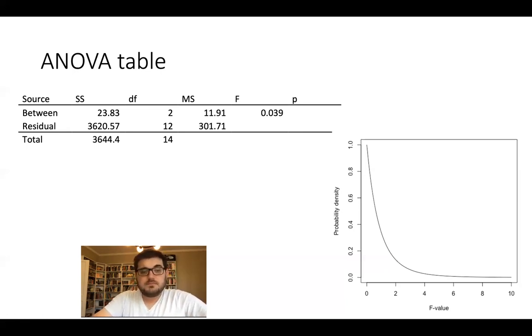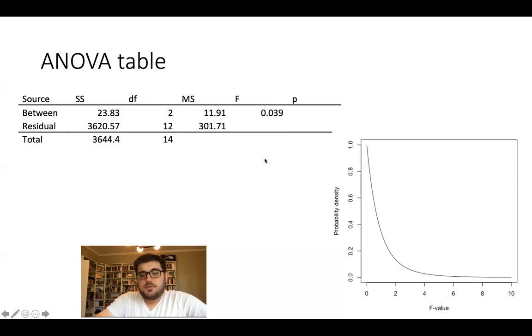So the bigger the difference between the groups, the larger your F value would be. If your F value gets high enough, you'll be able to reject the null hypothesis and say this is just too unlikely of an observation when you assume the null hypothesis is true.